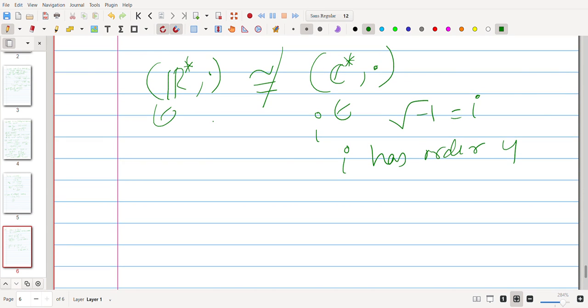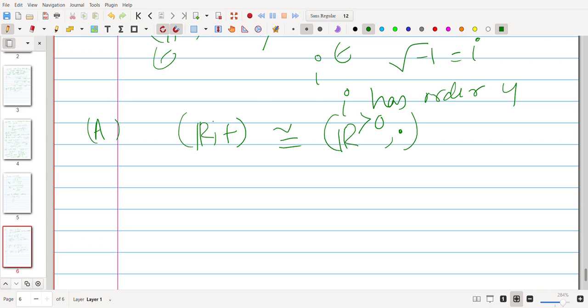But option A is true, that R under addition is isomorphic to the group of positive real numbers under multiplication. In particular, you can explicitly give the isomorphism: x goes to e to the power x. So e to the power x is onto, because x ranges over all reals.